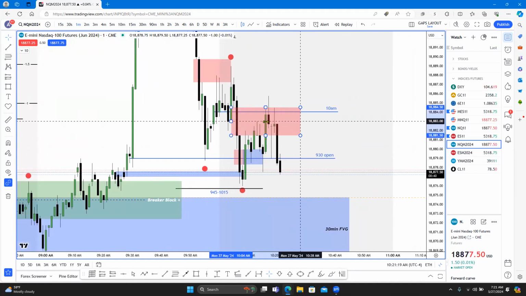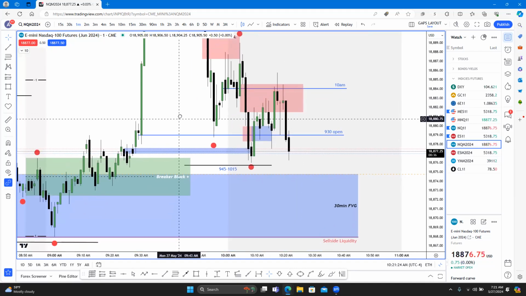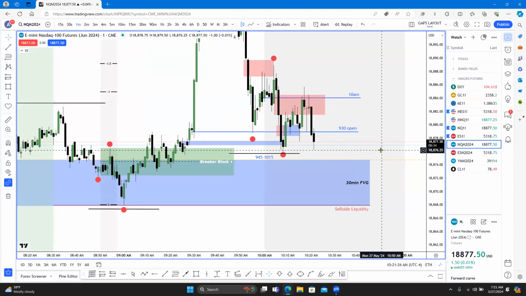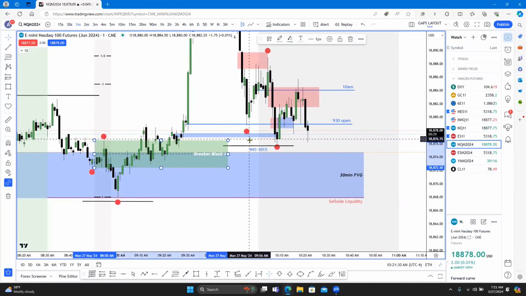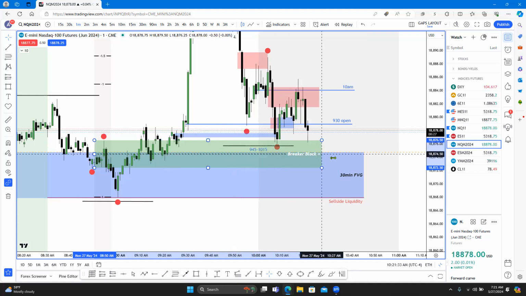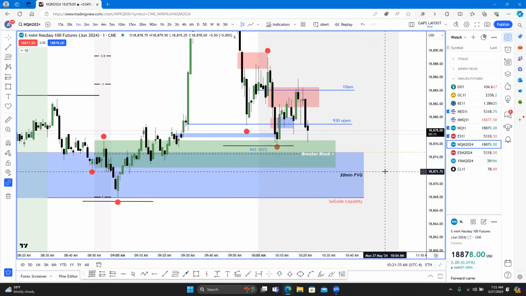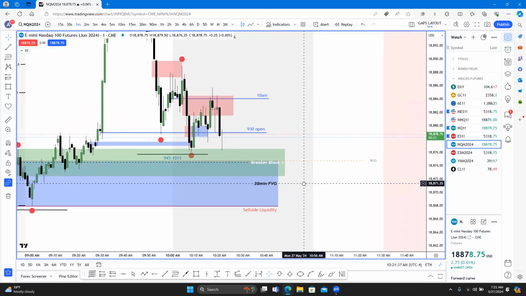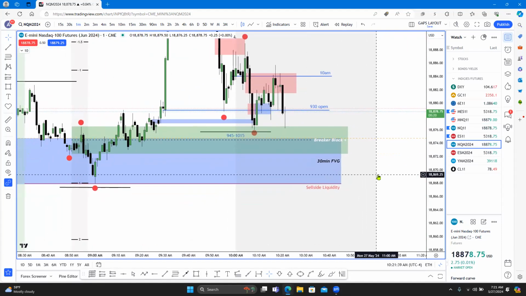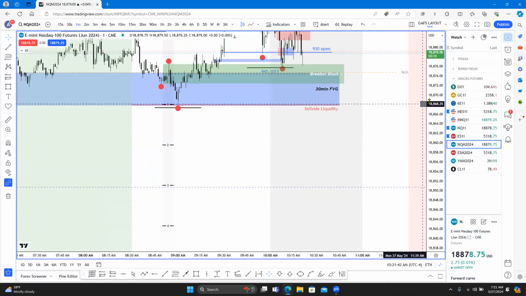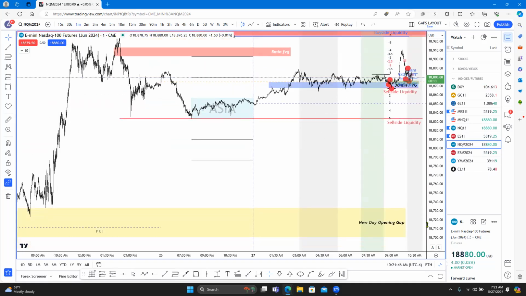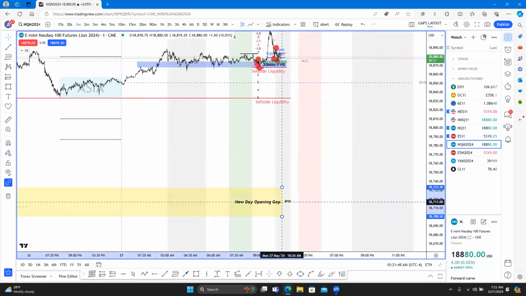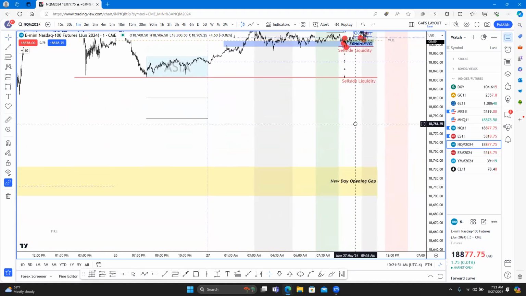So notice how respecting this gap in here, this breaker, weekly opening price. Now, the only thing that can pull it lower is on Thursday and Friday. We had this new day opening gap below us, so this could be something later in the week we tap into below.